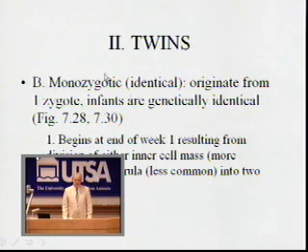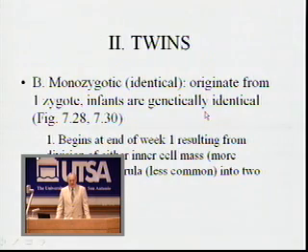Continuing then with our discussion, we consider the next case of monozygotic twins. These, as we know, are the maternal or identical twins. They originate from one zygote, and in that case, of course, still a single sperm and a single egg, so they are genetically identical.